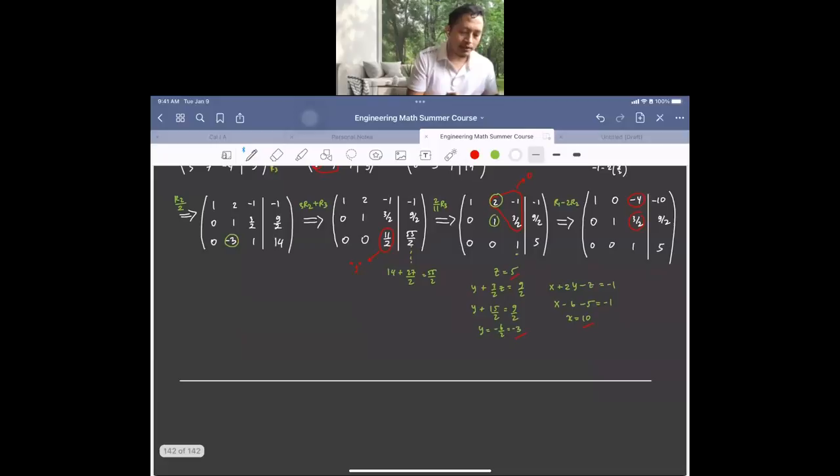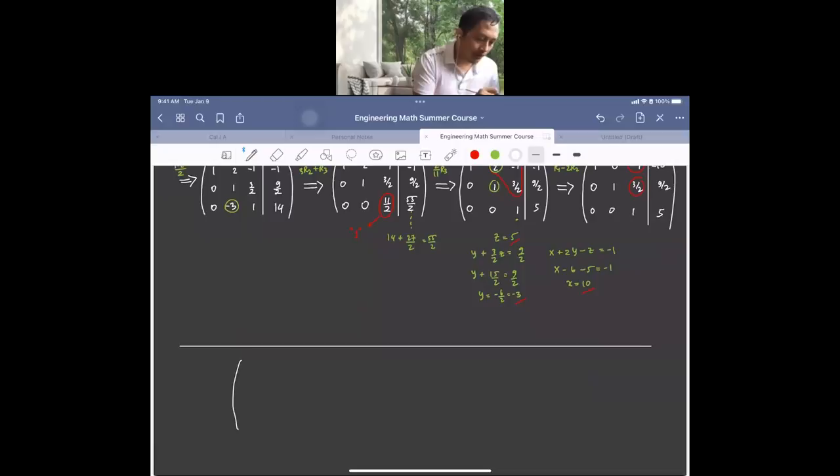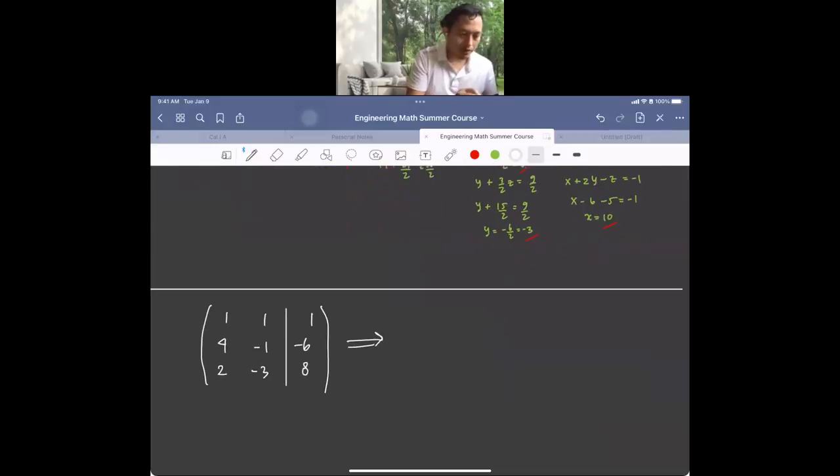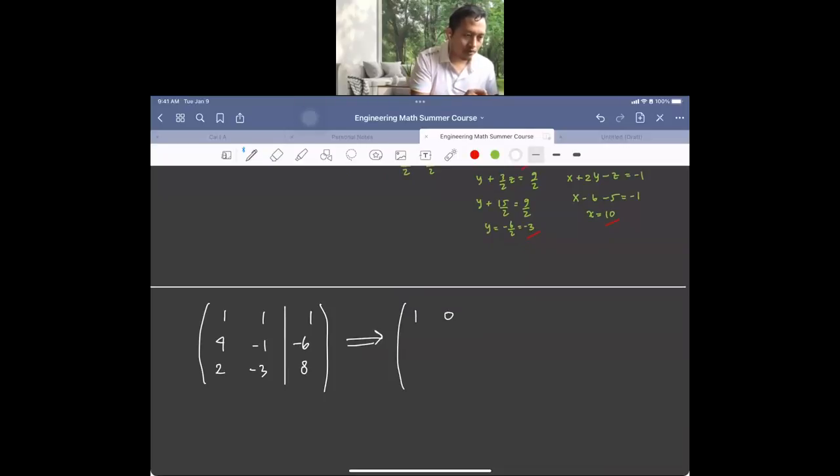Okay. Now there are some cases where the solution might not come as easily as this. For example, let's say we have these two variables. If you try to solve this using row operations, let's say at one moment you see that it goes to 0, 0, and then a number there.